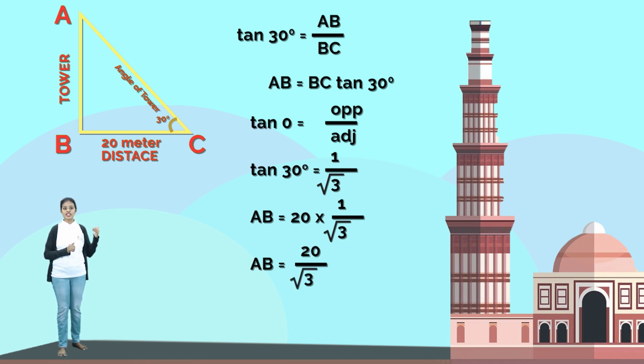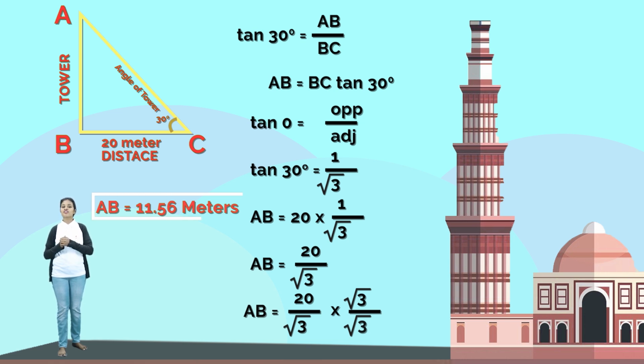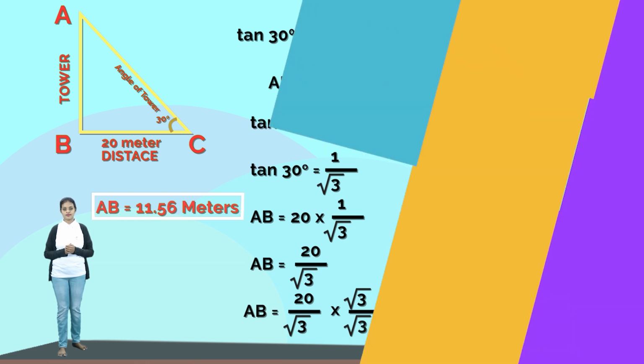Multiply root 3 on both numerator and denominator. We get AB is equal to 20 by root 3 into root 3 by root 3. On solving, we get AB is equal to 11.56 meter. Therefore, this is the height of the tower, that is 11.56 meter.